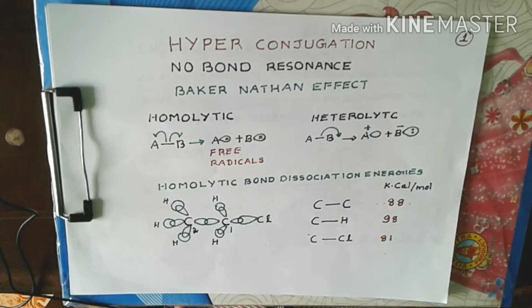Now the heterolytic bond dissociation energies will be similar. That means the C-Cl bond will have the lowest heterolytic bond dissociation energy.